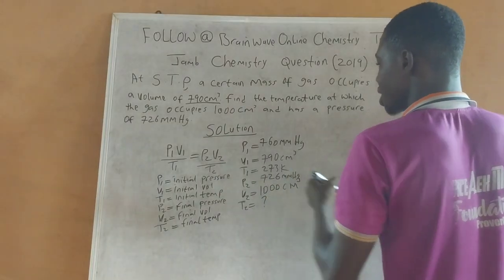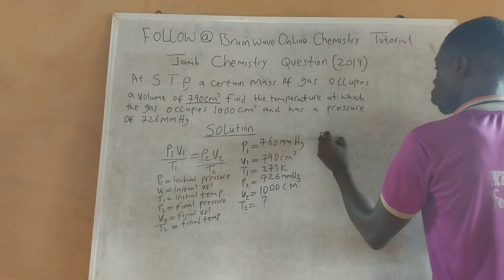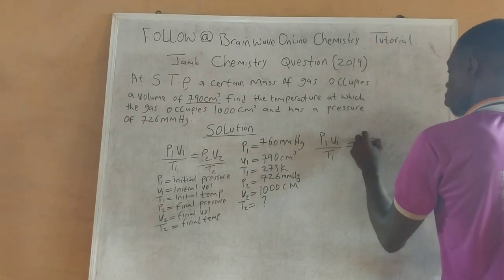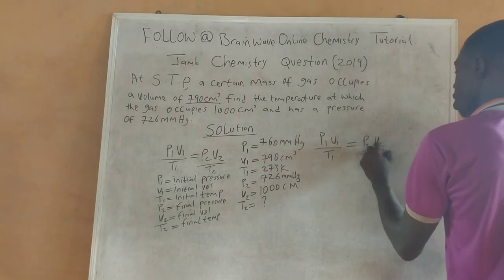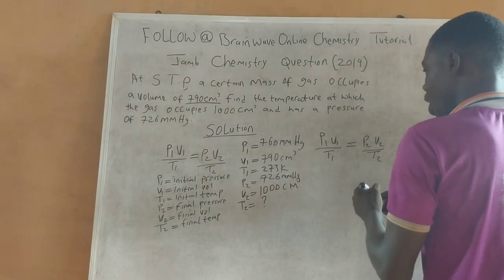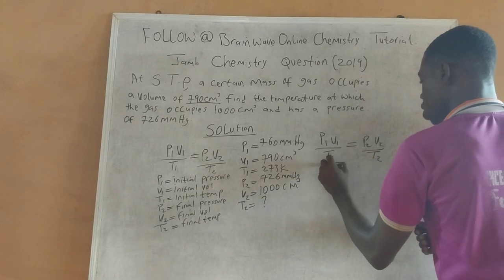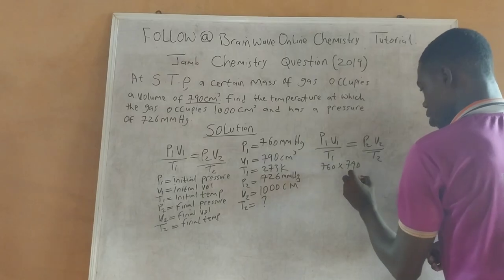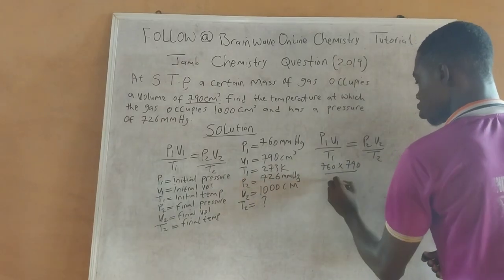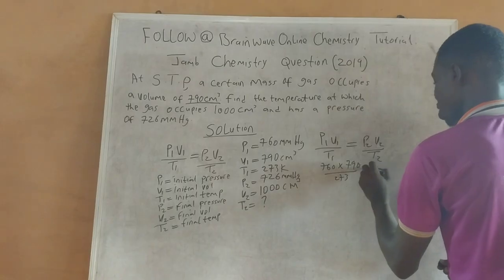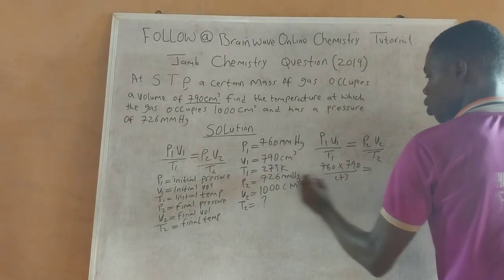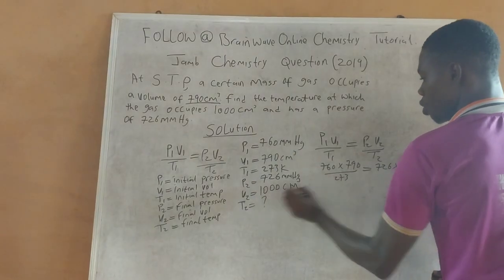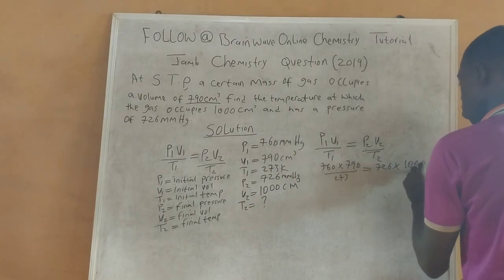Now, having brought out the parameters, let's go straight to the calculation. Using the general gas equation, which is P1 V1 over T1 equals P2 V2 over T2. Now, P1 is 760 times V1, which is 790, over T1, which is 273, is equal to P2, which is 726, times V2, which is 1000, over T2.